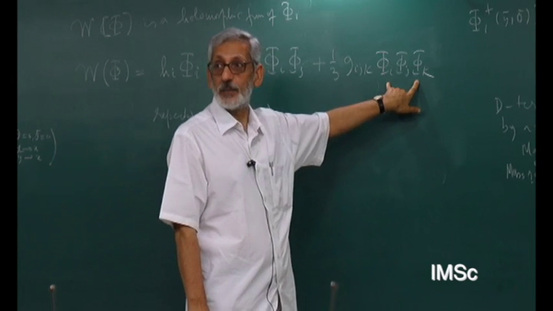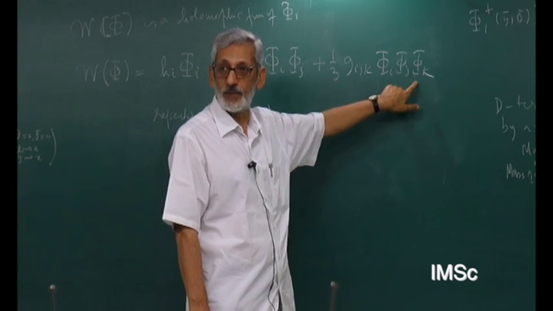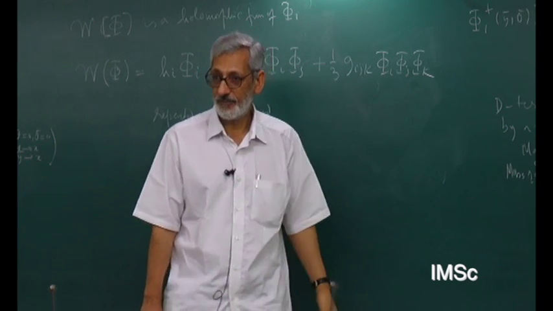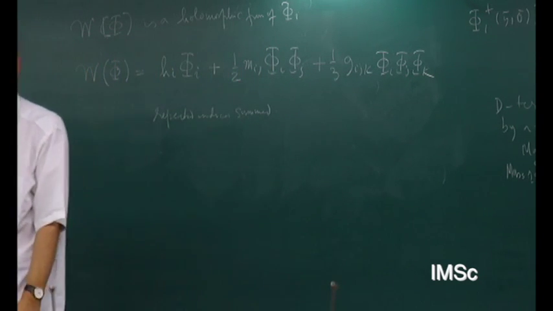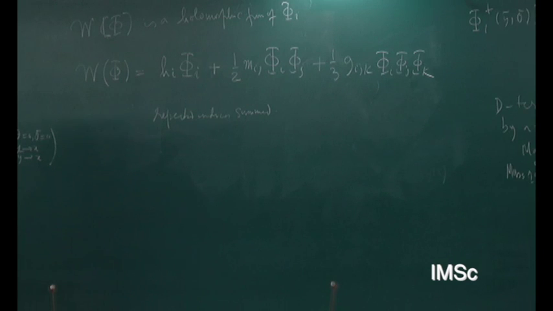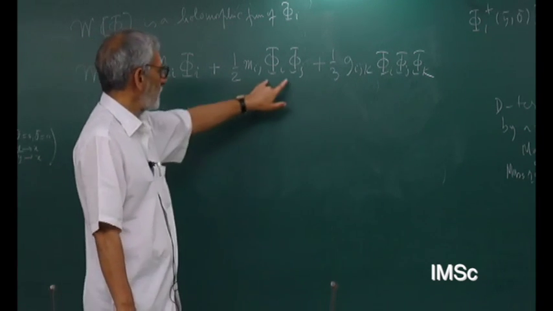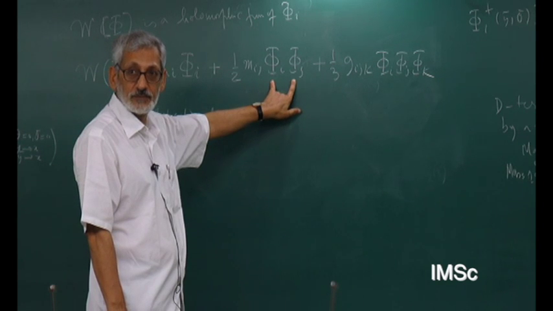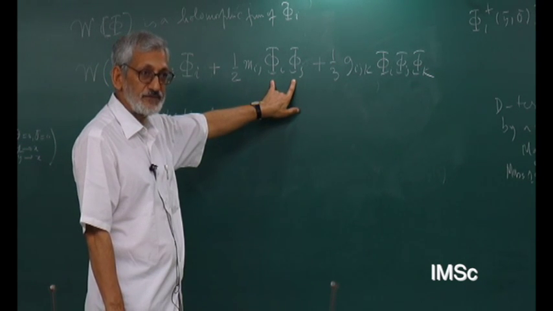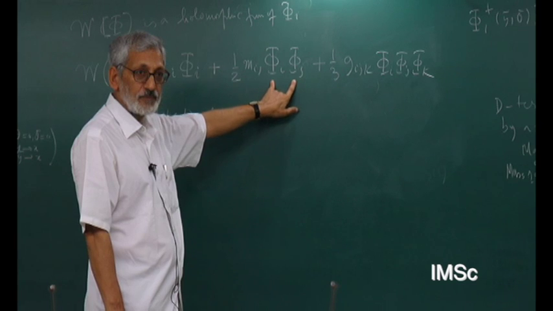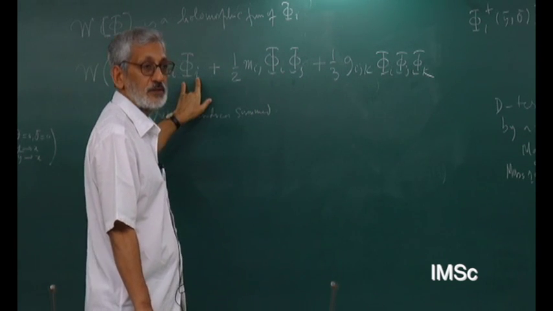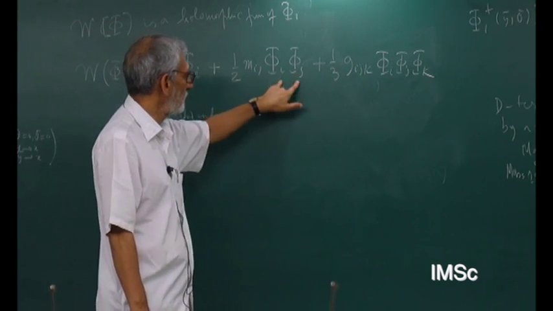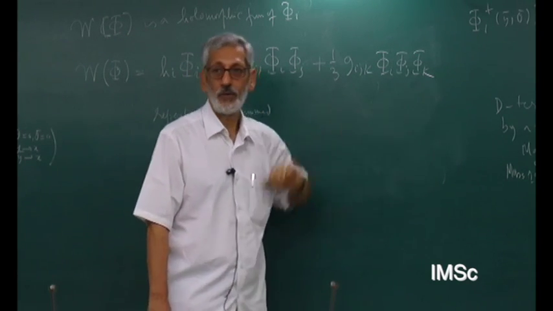So this would be mass dimension 4. F term of this object would be mass dimension 3. F term of this object would be mass dimension 2. Mass dimension 2, mass dimension 3, mass dimension 4.